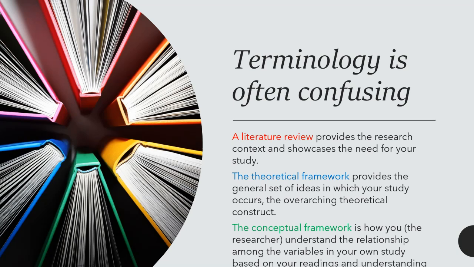A question that I often get, and I'm sure it might pop up in this session again tonight, I'm trying to be proactive because the question comes up every time, is around the terminology that we use. That's often very confusing when we deal with literature reviews. The question is, what's the difference between a literature review, a theoretical framework, and a conceptual framework?